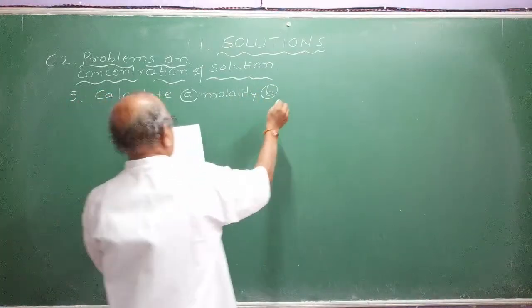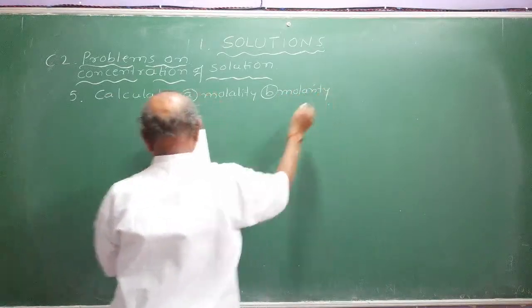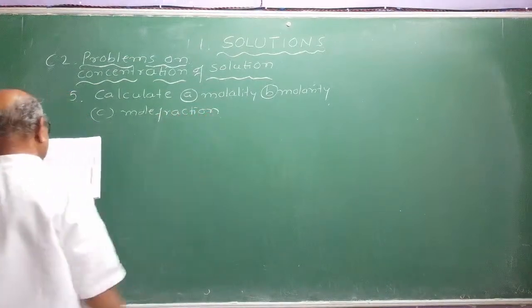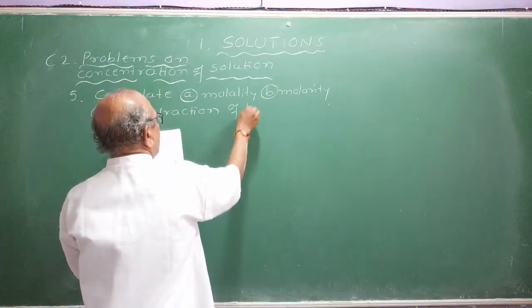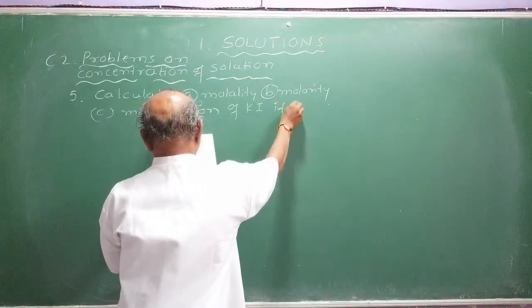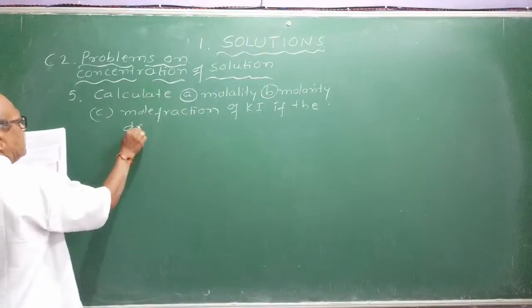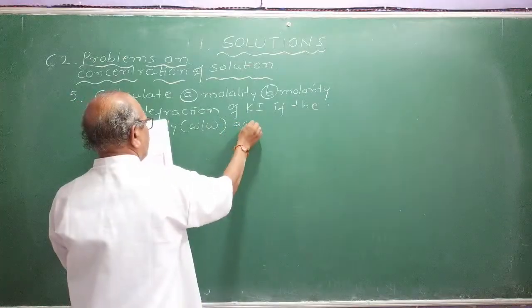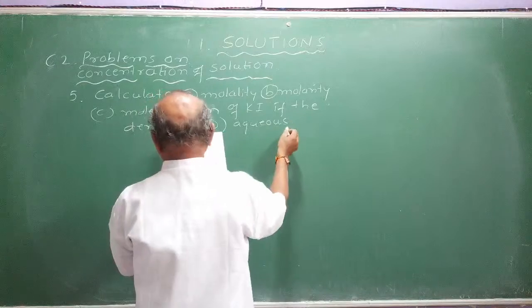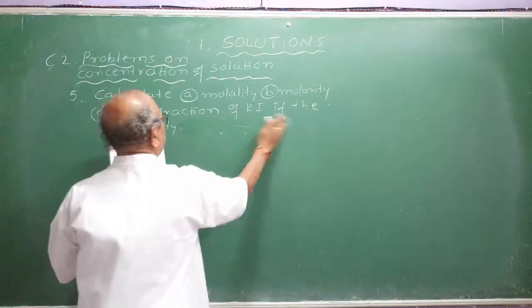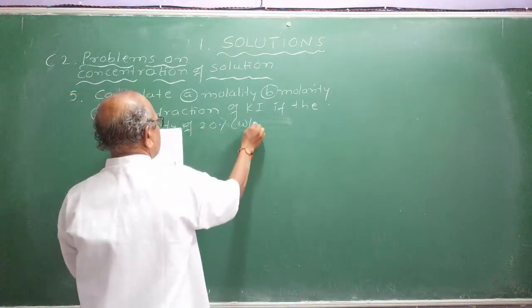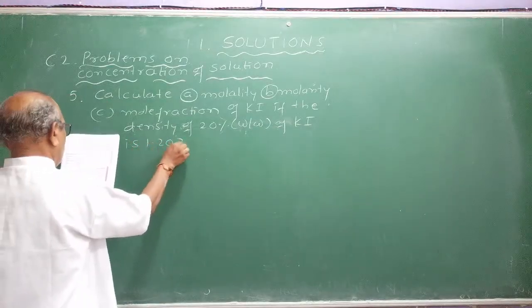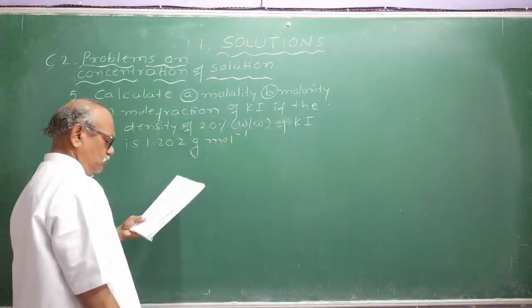Molarity, and mole fraction of potassium iodide, if the density of 20% mass by mass aqueous potassium hydroxide, of potassium iodide is 1.202 grams per liter.